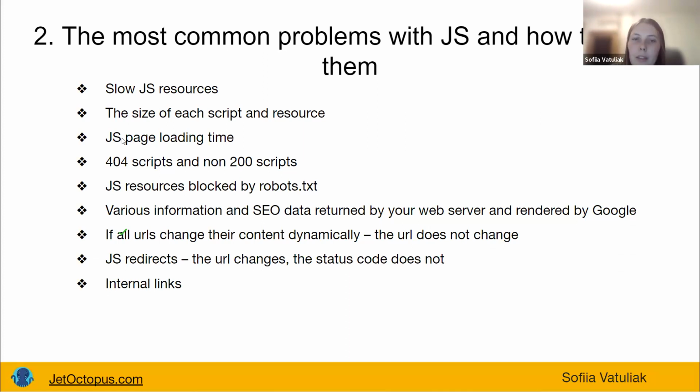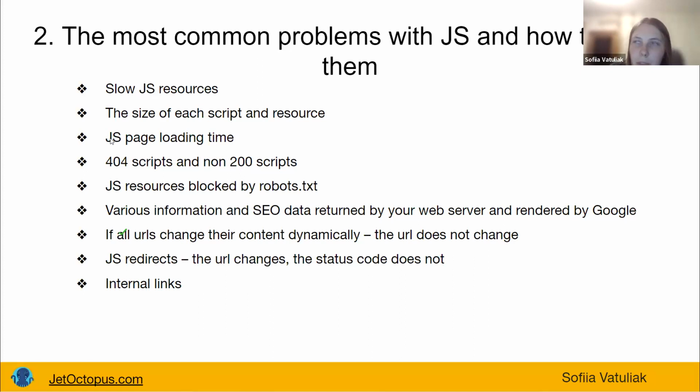I know that you know a lot of metrics from the Core Web Vitals, including first byte, first paint, and first contentful paint. All these metrics are part of the general JS page loading time.